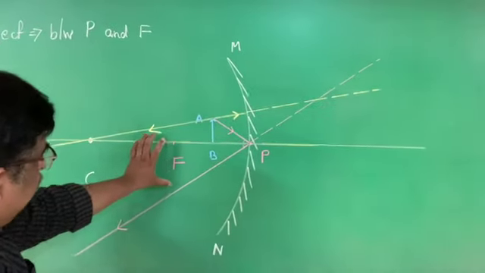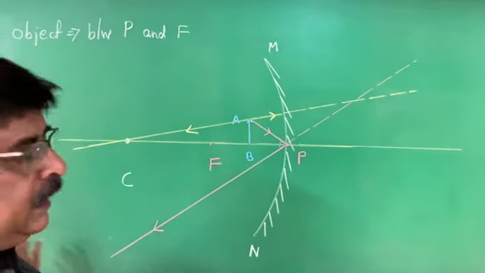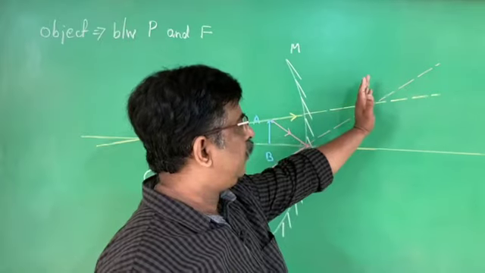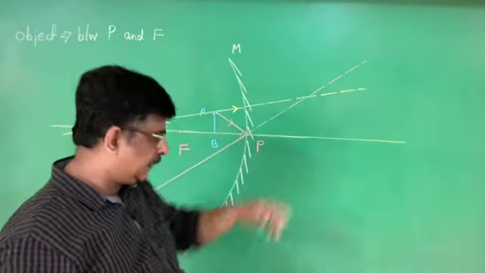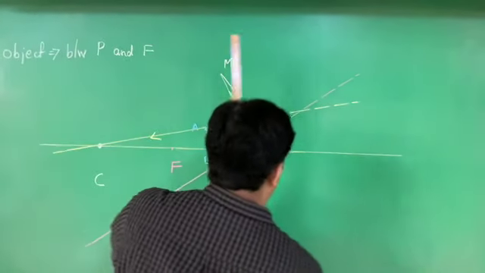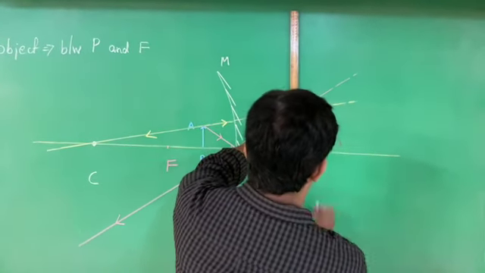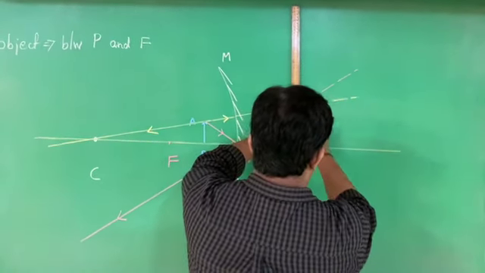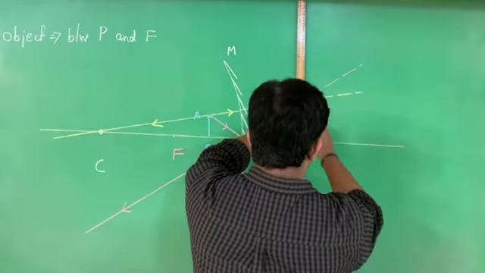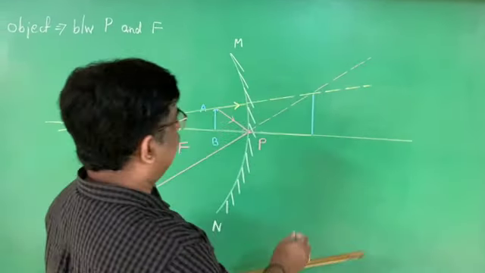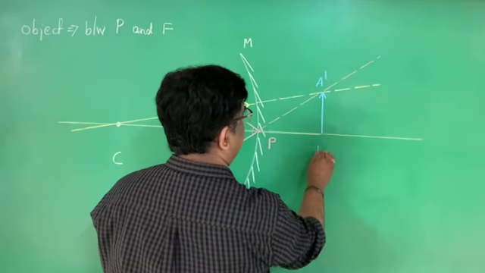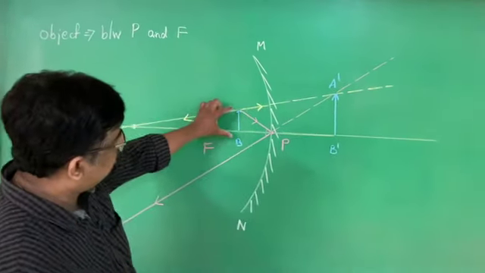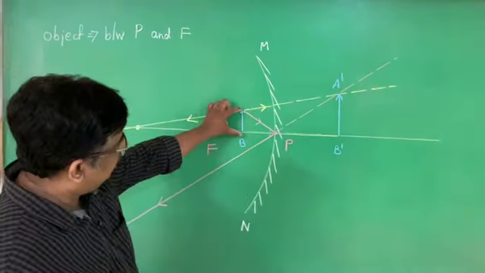Since the front portion is a divergent beam, behind the mirror it should be convergent. Therefore, they intersect at this particular point. Here I write the intersection of two reflected rays. This is AB, this is A dash, B dash.